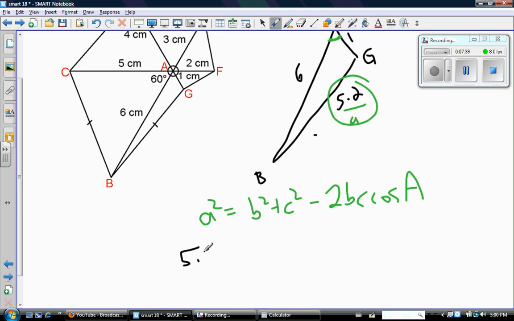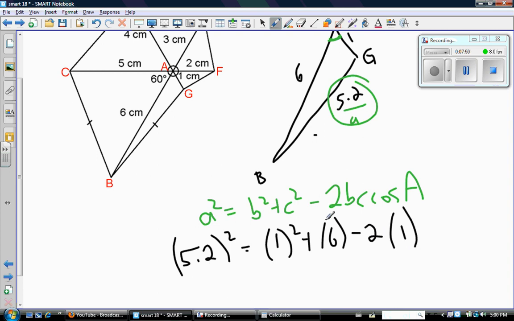So I'm going to have 5.2 squared equals b would be 1, so 1 squared plus 6 squared minus 2 times 1 times 6 times the cosine of A.